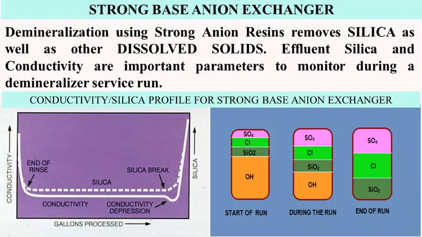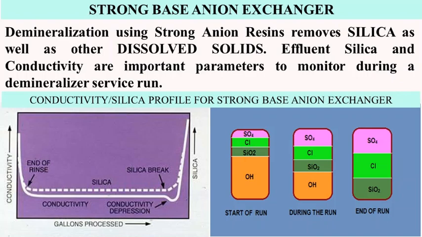This temporary drop in conductivity can be understood as follows: during the normal run, most of the effluent conductivity is attributed to the small level of sodium hydroxide produced in the anion exchanger. When silica breakthrough occurs, the hydroxide is no longer available and the sodium from the cation exchanger is converted into sodium silicate, and this is less conductive than sodium hydroxide.